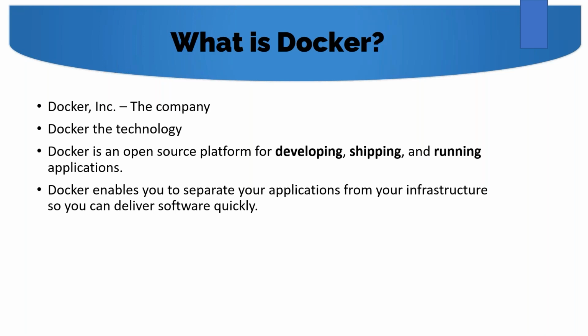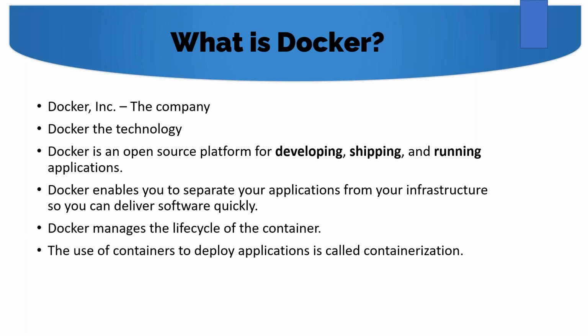You can manage the life cycle of a container: editing your application, executing commands, pausing, unpausing, deleting, everything is taken care of by Docker itself. The use of containers to deploy your application is called containerization.